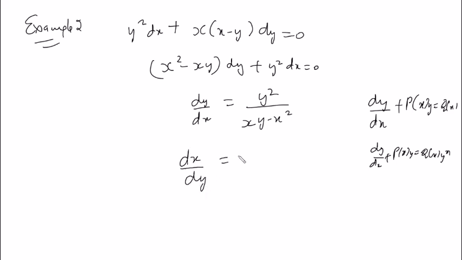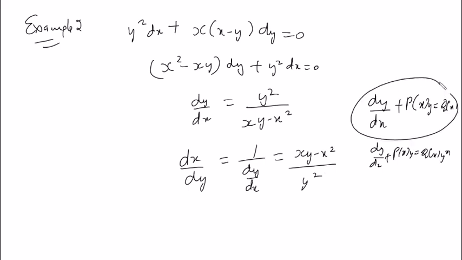So if I write dx by dy, this is actually 1 over dy by dx. So on the right hand side you do the reciprocal. So you will get (xy minus x square) by y square. Now you see the right hand side is something I can deal with, because earlier it was y square over (xy minus x square). I could not do anything with xy minus x square, because you have to either make factors to split up the terms, because I need this kind of terms, right?